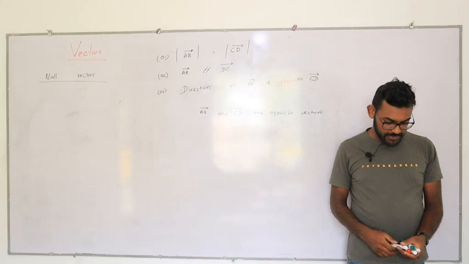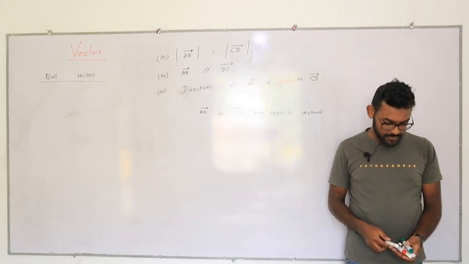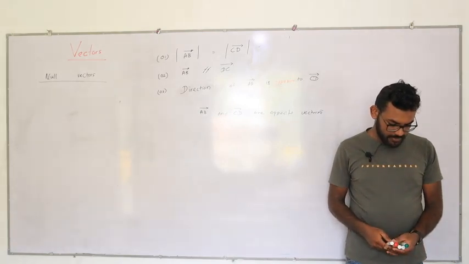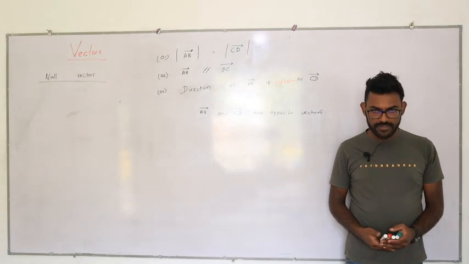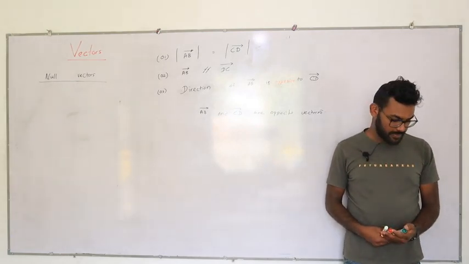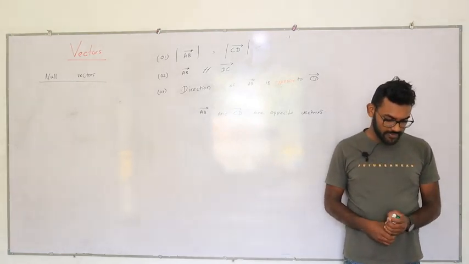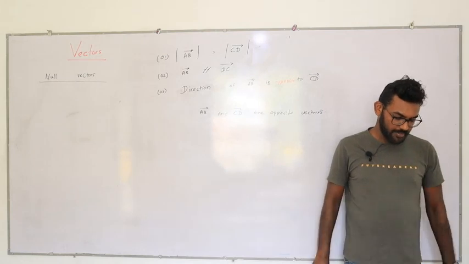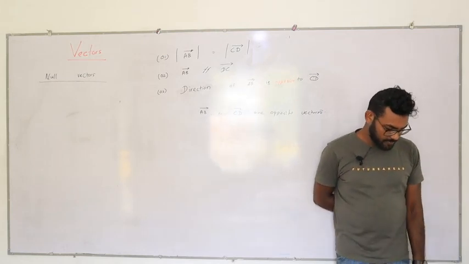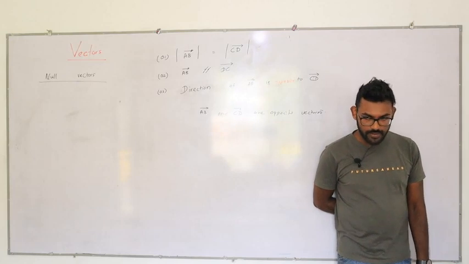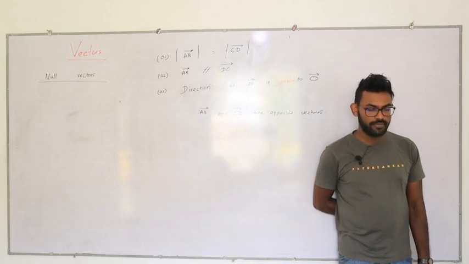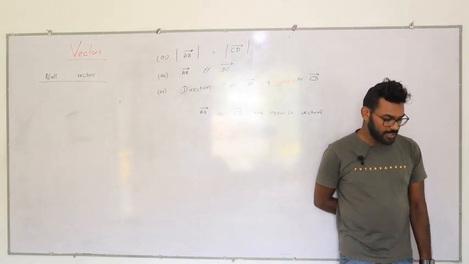All the vectors with a zero magnitude are considered to be null vectors.